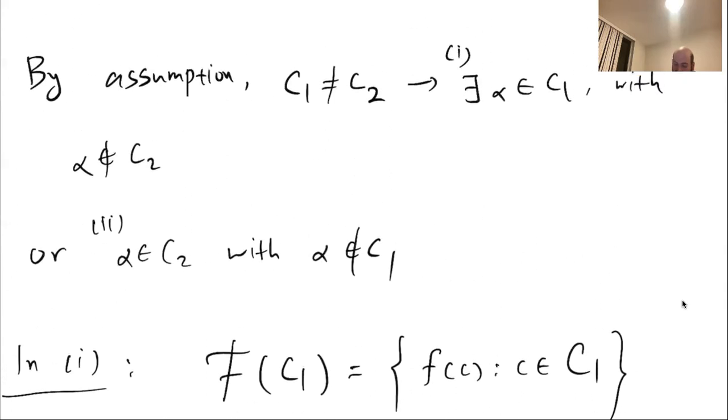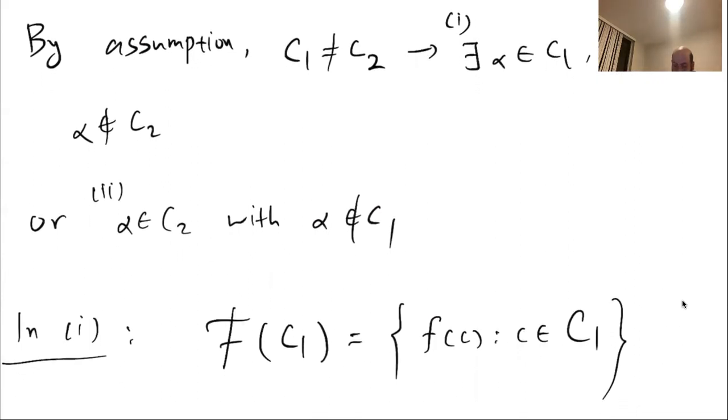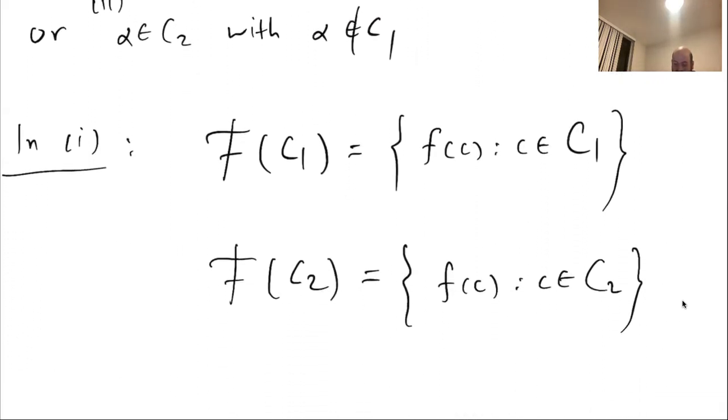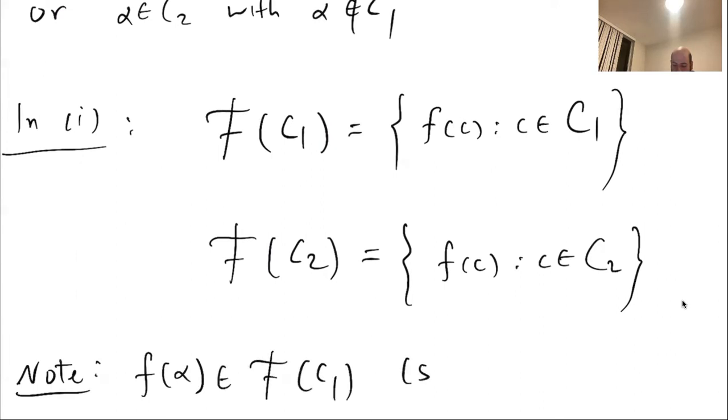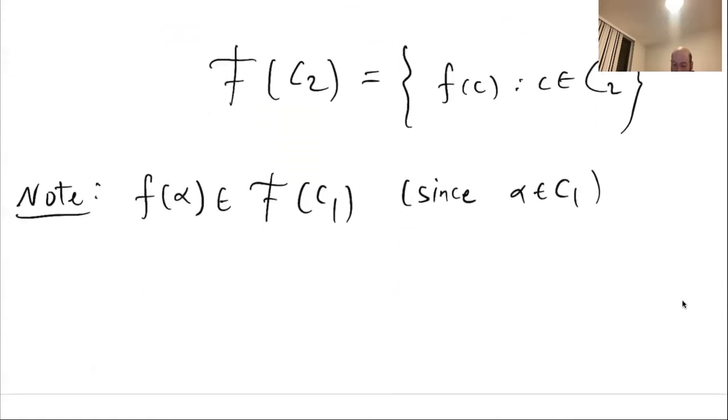Now, I want to say that f of alpha is in curly F of C1. Note, f of alpha is in curly F of C1 because alpha is in C1. And f of alpha is not in curly F of C2.